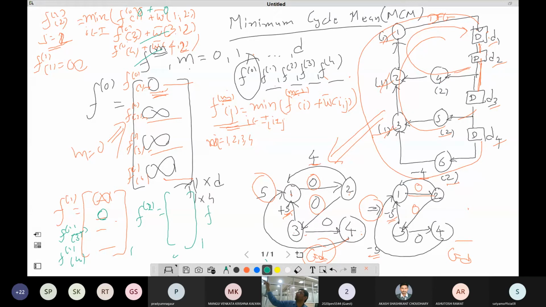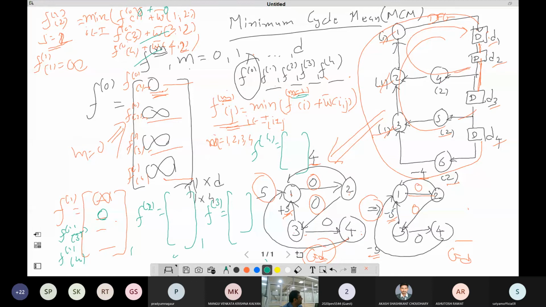Once you find out f of 1, then you need to use the same equation, but here the only thing is m minus 1. So while I am calculating f of 2, I require f of 1.